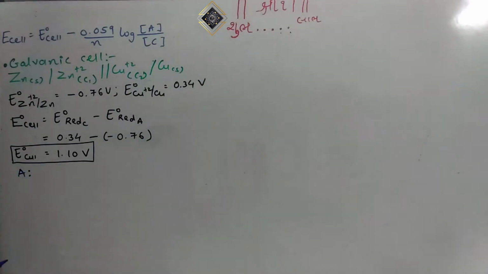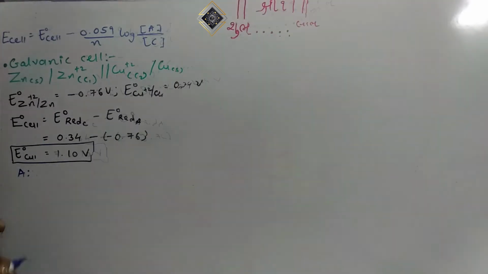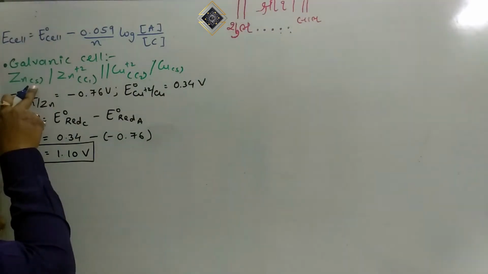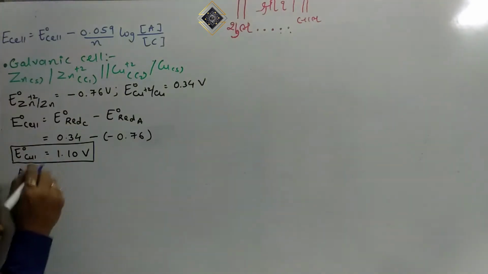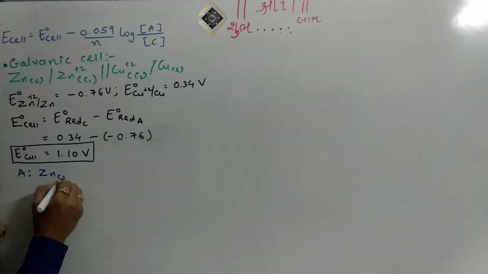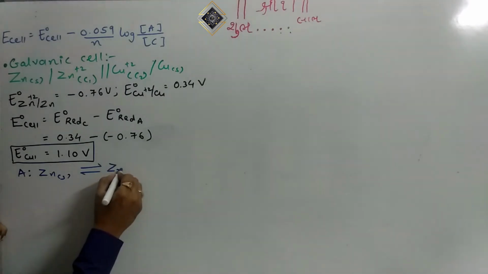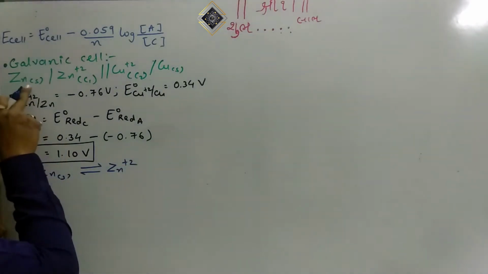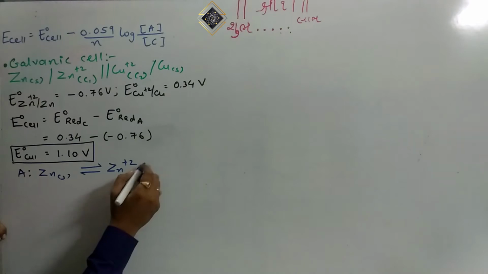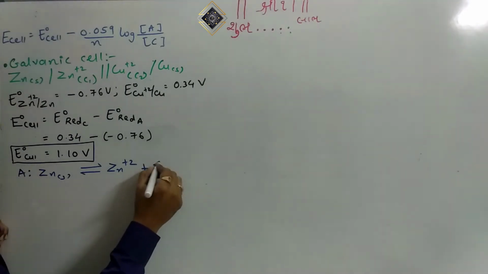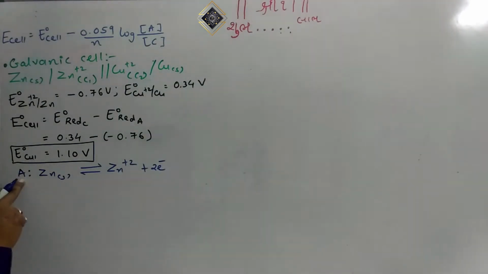We already studied that in the representation of the cell. Zn solid converts into Zn plus 2. Take the difference of oxidation number. Here it is 0, here it is plus 2, that means the difference is 2. So 2 electrons are released. Reason is the anode is experiencing oxidation.